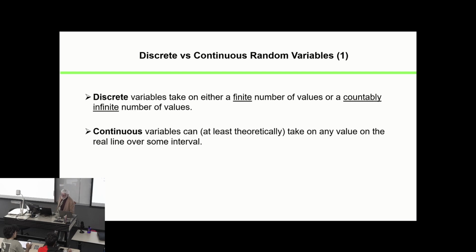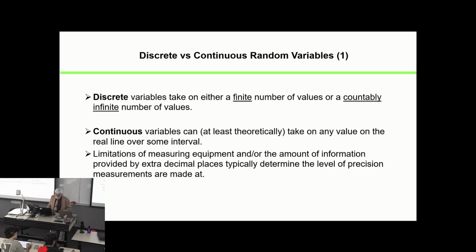Okay. Now, continuous variables can at least theoretically take on any value on the real line over some interval. Once we get our heads wrapped around this, it's kind of cool.